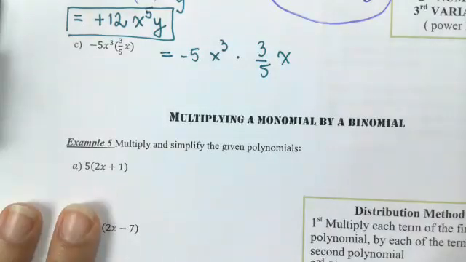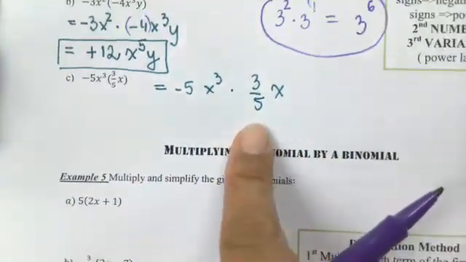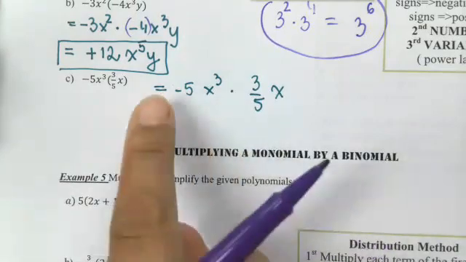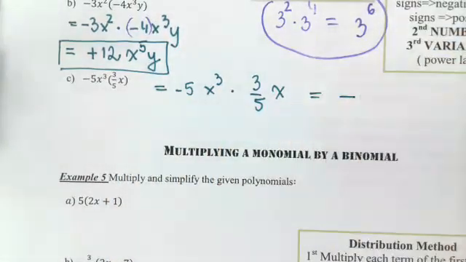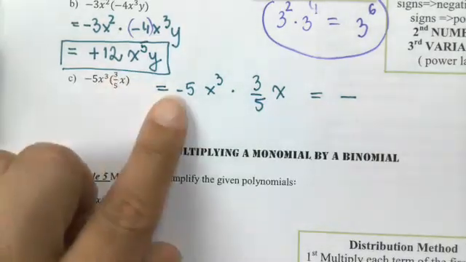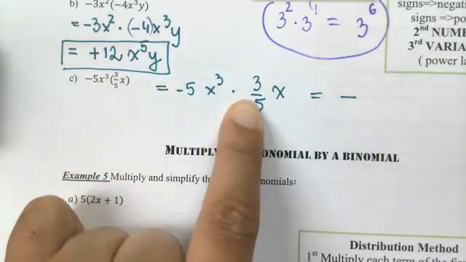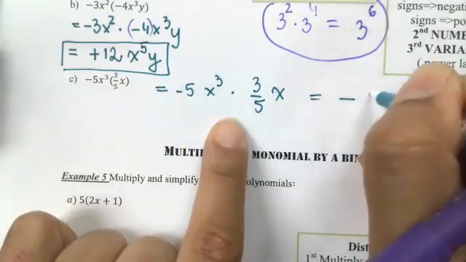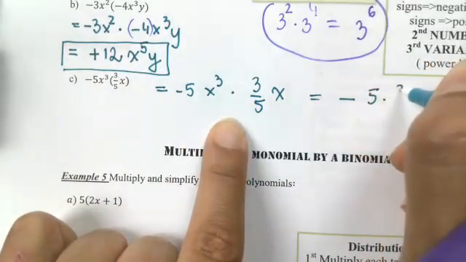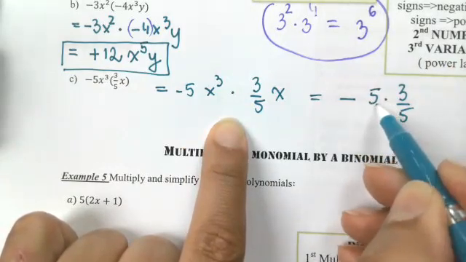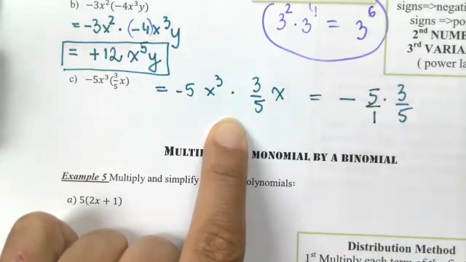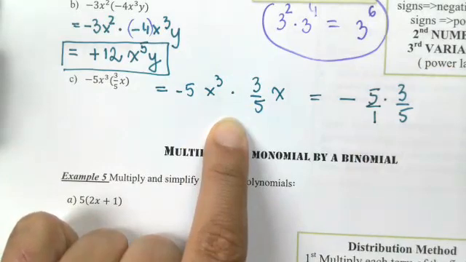Sounds good? So now let's tackle the multiplication. So we have negative times a positive. We know our final answer will be a negative coefficient answer, negative from here, positive from there. And then we have, I'm going to write it beside it so you can see the cancellation. 5 times 3/5. Now 5 is a whole number. I can write it as a fraction by putting it over 1. 5 over 1. Okay?